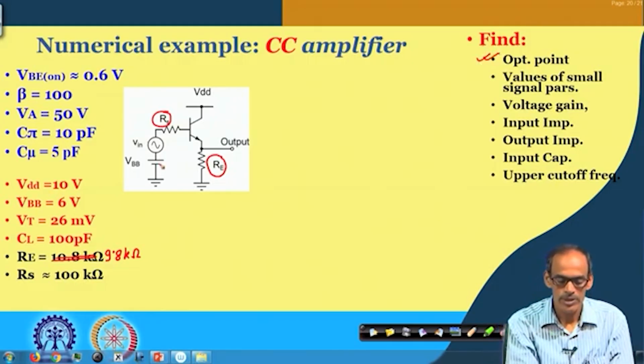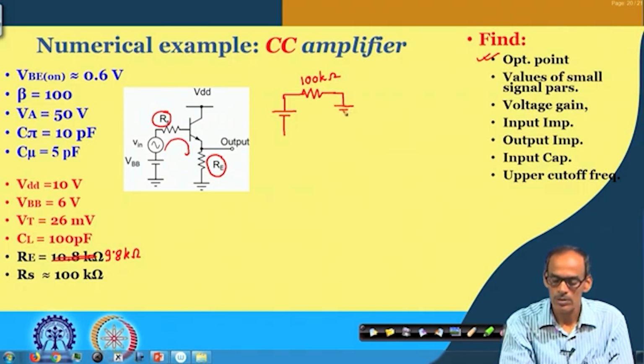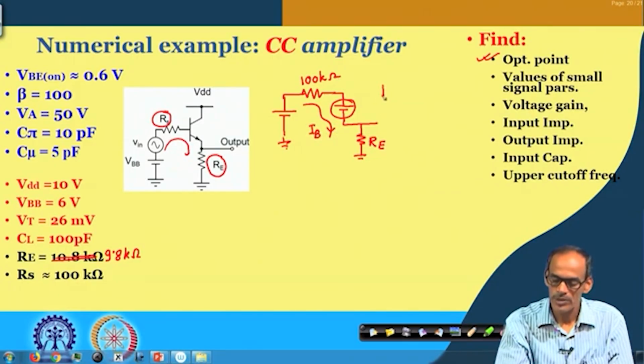To start with, let me draw the DC loop here. We have VBB, which is 6 volt, and then we have the RS, which is 100K, and then we have the VBE on, this diode drop, and then we have the resistance RE. Let us consider the current flow here, it is IB, and then of course, we have beta times this IB current, coming from the collector.